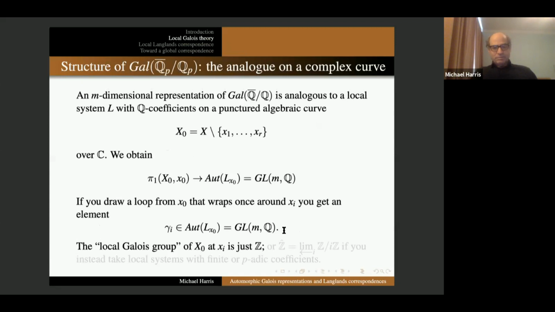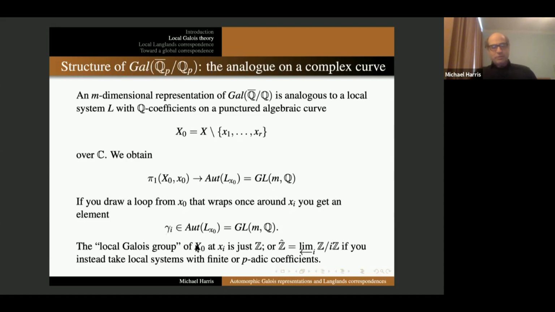Now, the local Galois group is just generated by this loop. Well, that's not quite true, because this curve X can have non-trivial homology, and we have to allow for that.